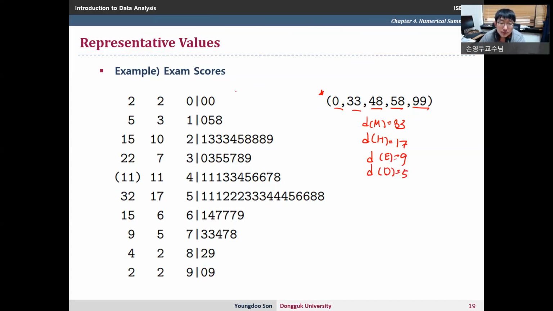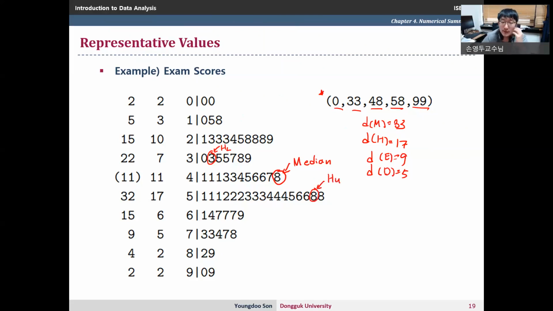So the 33rd point is here. This one is the median. And the 17th point is here. This is HL. And 17 from the upper side, 15, 16, 17. This one is the HU.